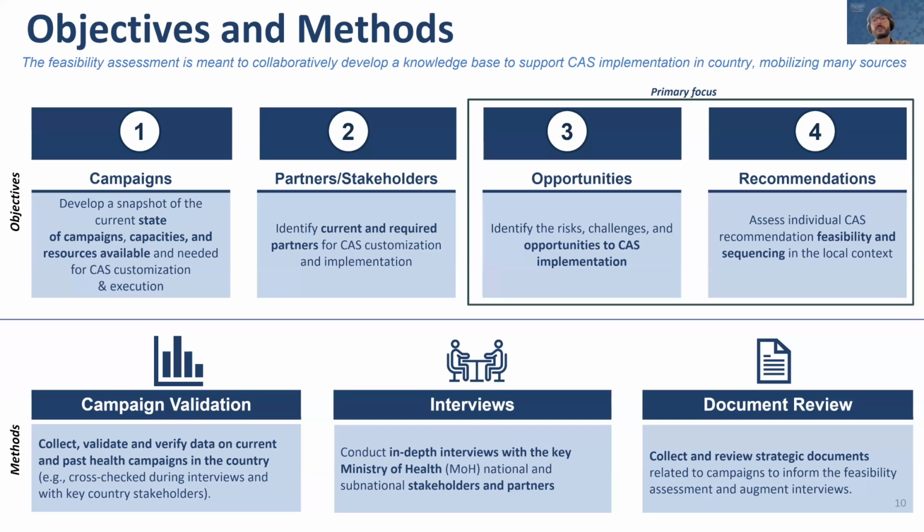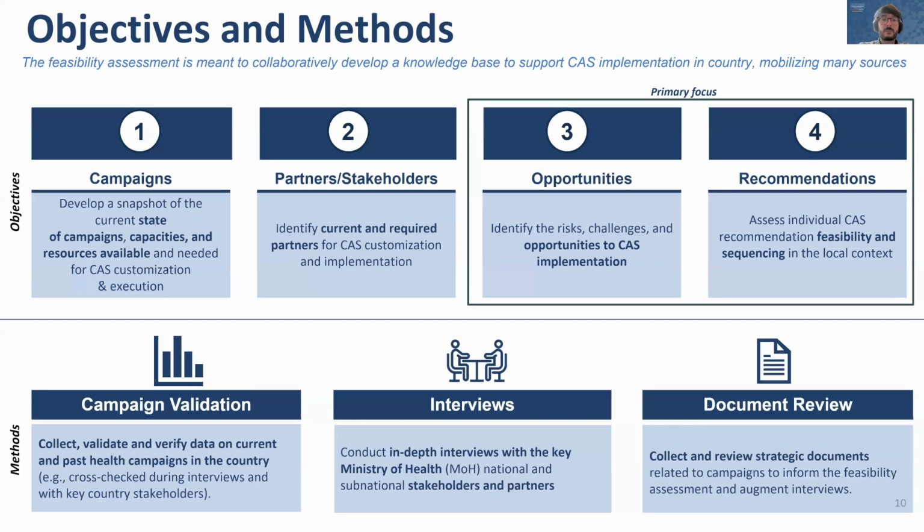Third, it helps surface key risks, challenges, and opportunities for CAS implementation, giving countries a realistic understanding of what might support or hinder the efforts in CAS customization and implementation. And finally, the process produces context-specific recommendations by assessing the feasibility and the sequencing of the components of the CAS. So the idea here is that it's not just about can we do this, but also when and how can we do this.